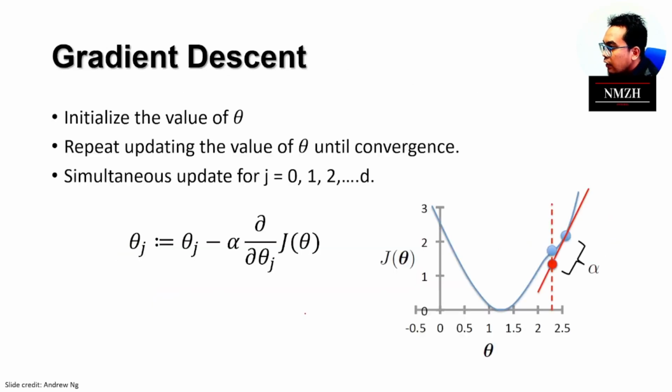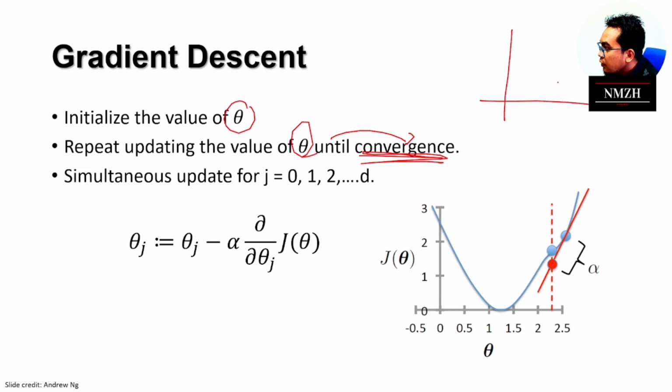So to do that, basically we have an equation to be fulfilled. We need to initialize theta at first, then repeat updating theta until convergence. What is the meaning of convergence, guys? Convergence means if we take a look at t and xt, the t is going down.